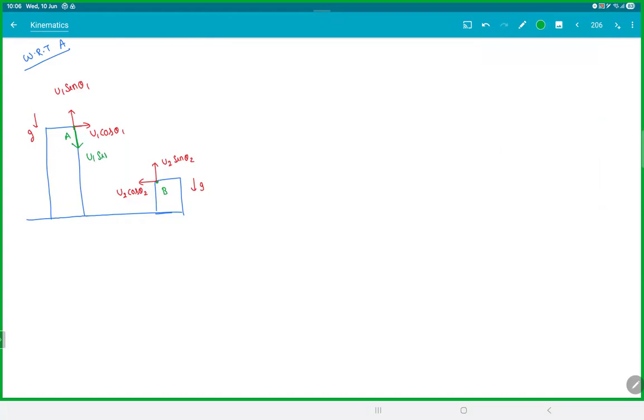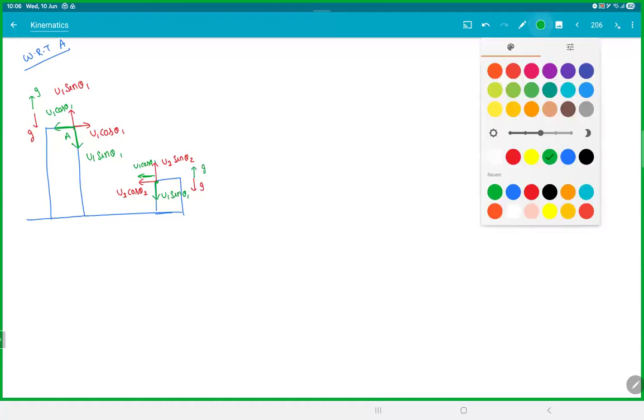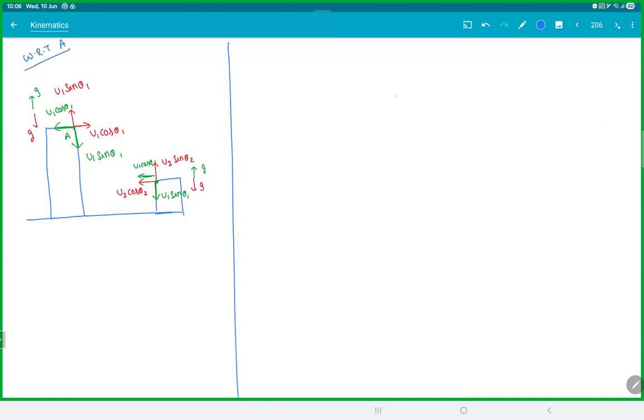I have to do the same thing even for this guy, U1 sin theta 1. U1 cos theta 1 to the left, gravity up, U1 cos theta 1 to the left, gravity up. Now when you do this, A will think, okay, I came to rest.